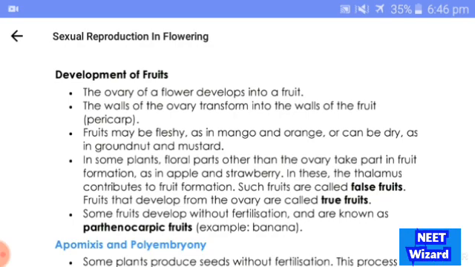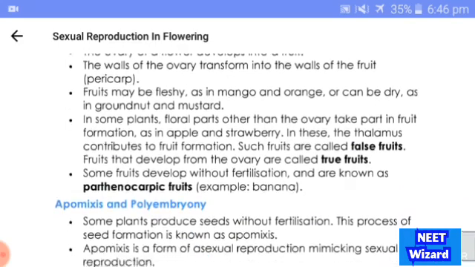In these, the thalamus contributes to fruit formation. Such fruits are called false fruits, while those that develop from the ovary are called true fruits. Some fruits develop without fertilization and are known as parthenocarpic fruits, for example, banana.